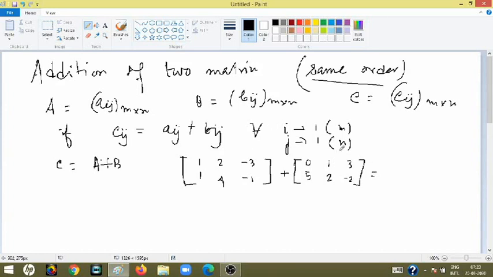It will produce 1 3 minus 3 3 0 6 6 minus 3.